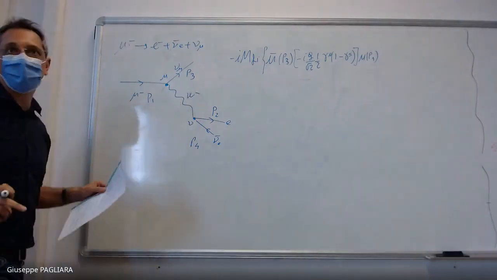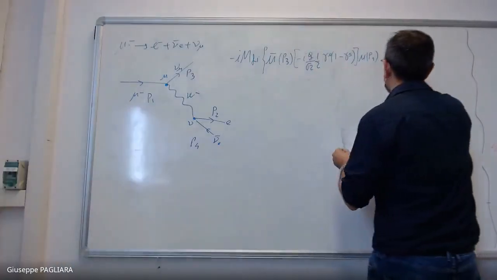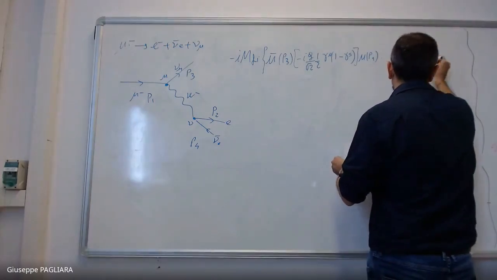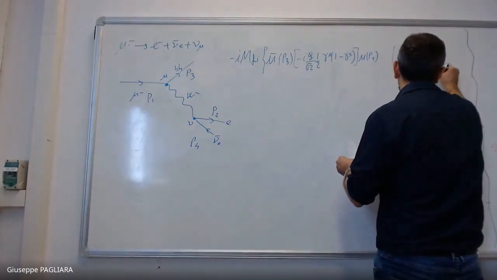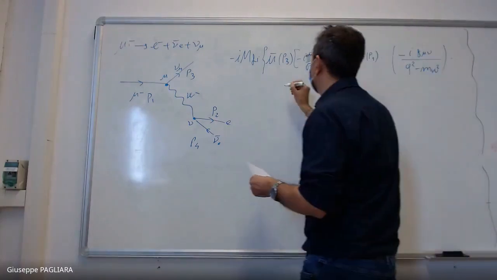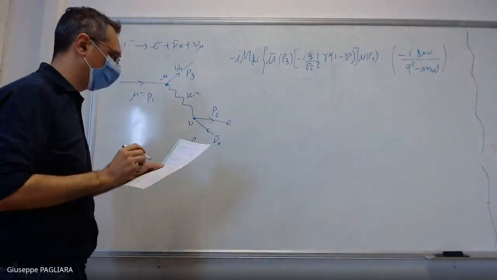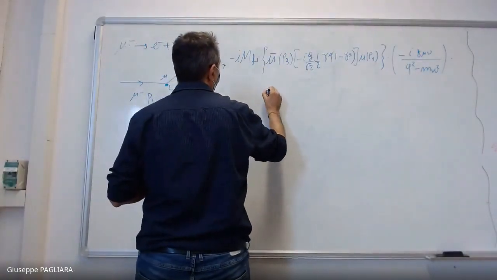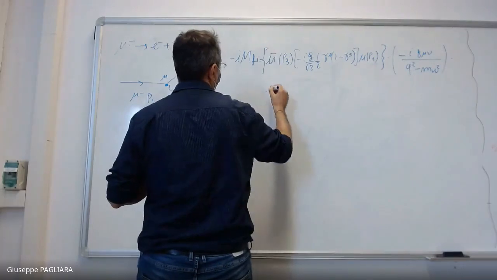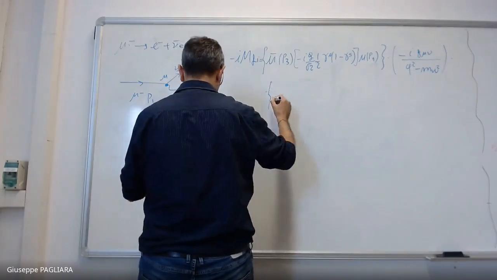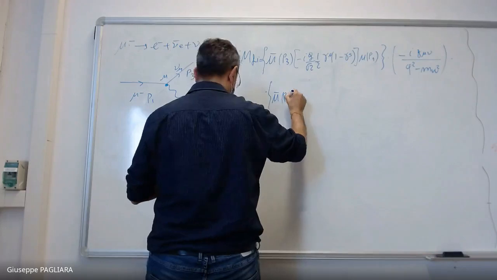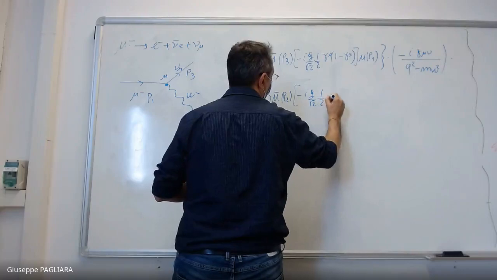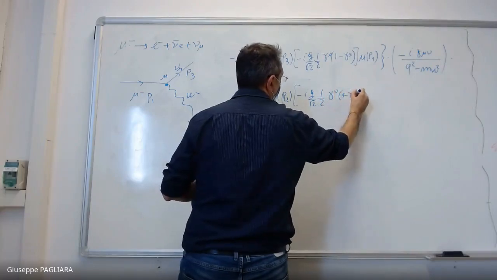Now we have the propagator of the W boson, which is massive. This is minus i g mu nu divided by Q squared minus M W squared. And then we have the current of the lower vertex. At the lower vertex, we have similarly u bar 2, then the vertex factor minus i g divided by the square root of 2, times 1/2 gamma nu (1 minus gamma 5).